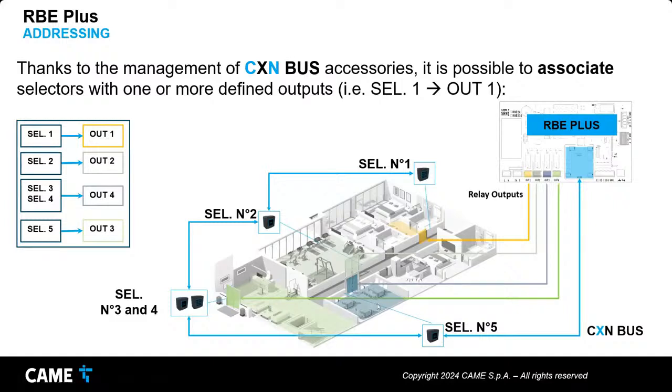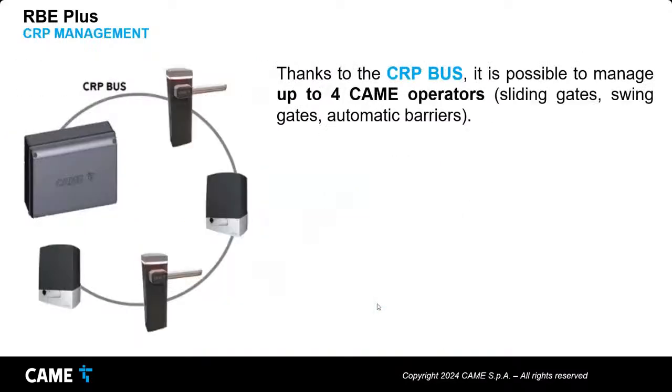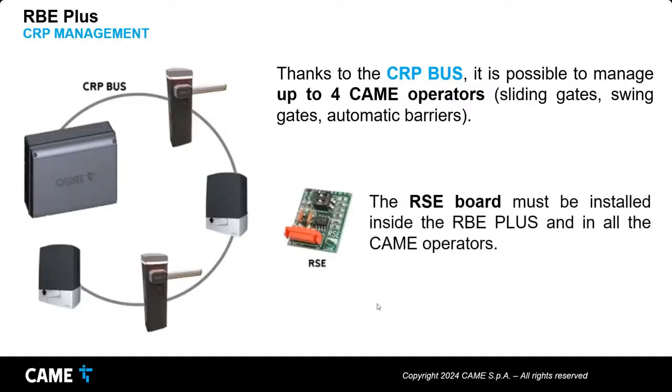Obviously, this is only an example. We have already talked about the selectors that can be used, so up to 8 connected to the RCXN board. When we are talking about the CRP, it's a different thing. The CRP bus can be used, of course, within the RBE Plus by adding, please remember this, the RSE both onto the RBE Plus and into all the automations controlled via CRP.